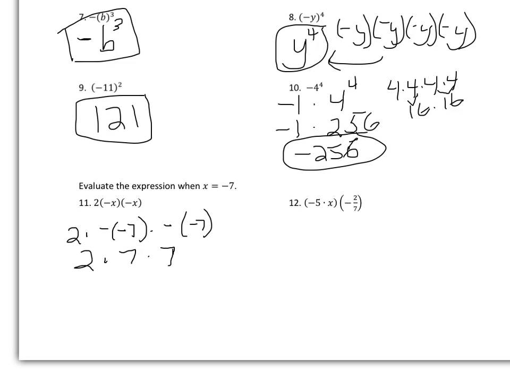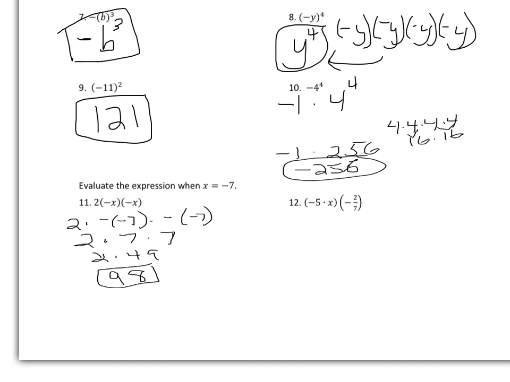Because the opposite of a -7 would be a +7. So we're looking at a couple different ways we could do it. I look at it as 2 times 49. Some of you might be looking at it as 2 times 7 is 14 and then times the 7. So 18 carry the 1, we're looking at 98.